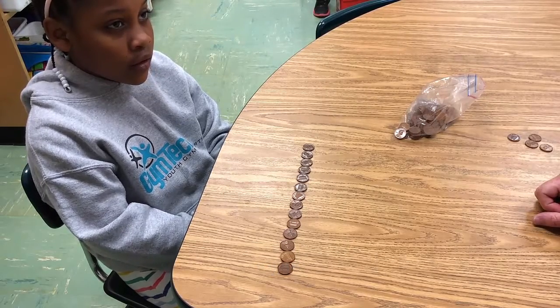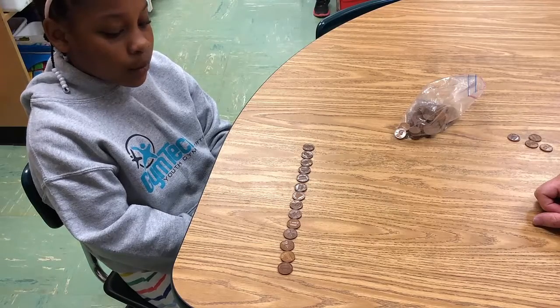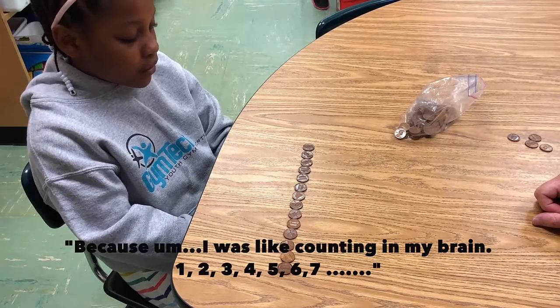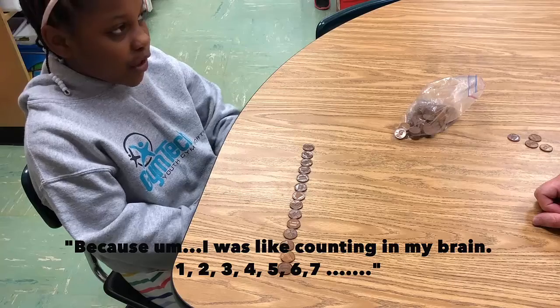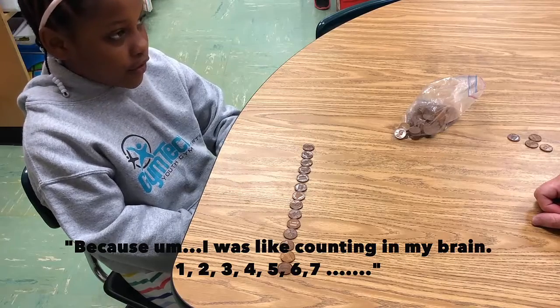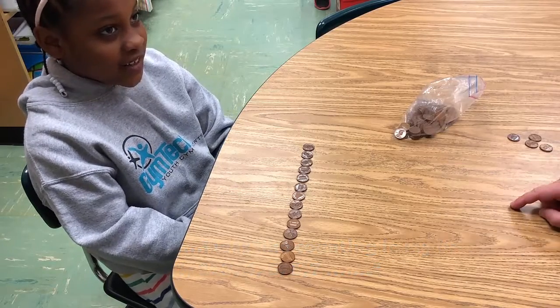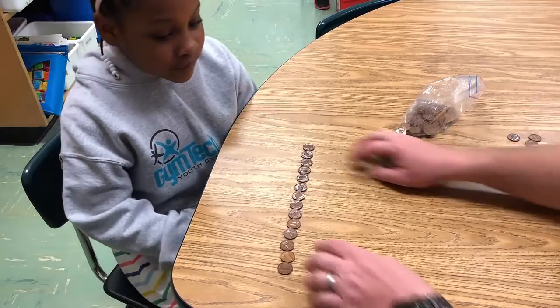And how do you know 14? Because I was counting in my brain. You counted in your brain? You didn't need to touch them? No. Okay. What if I was to do this?